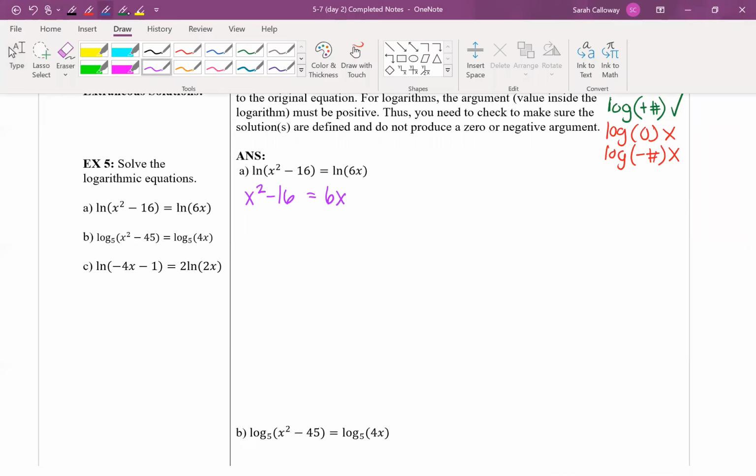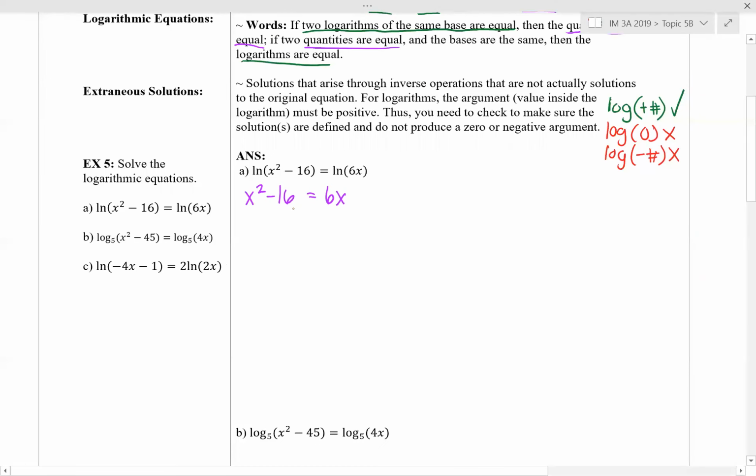One thing to note is that since this is a quadratic, remember that we want to keep our x squared term positive, and solve so the other side is 0.